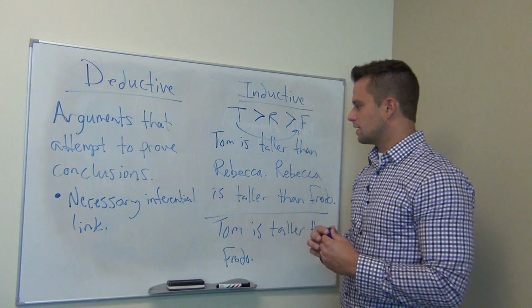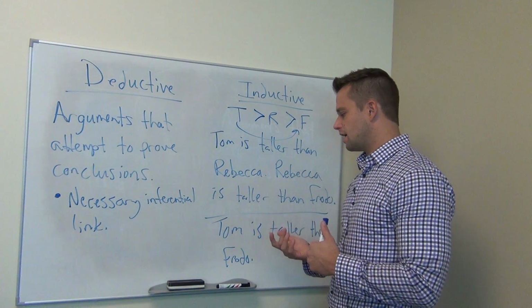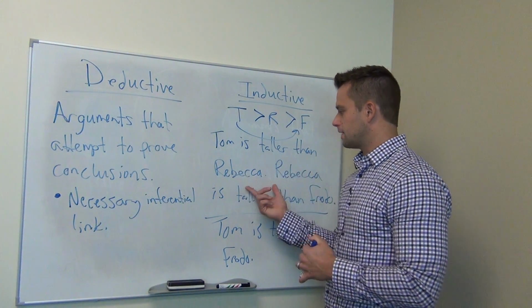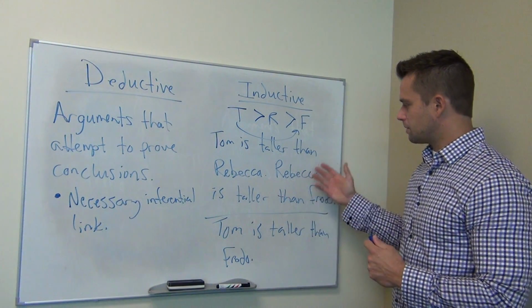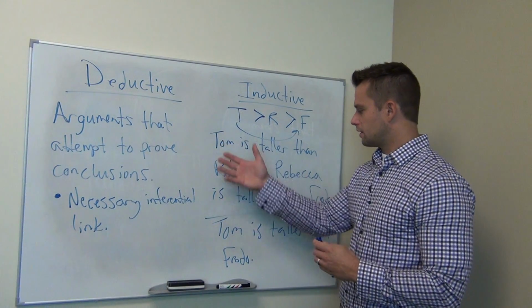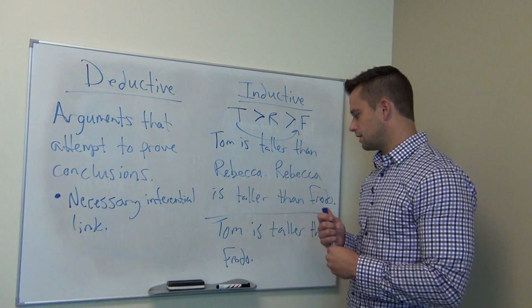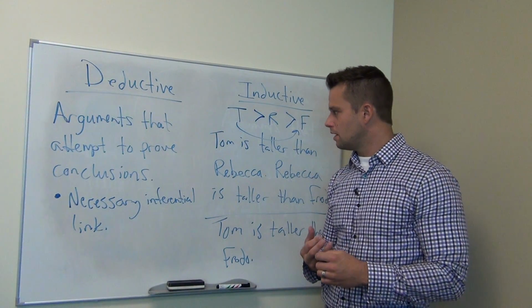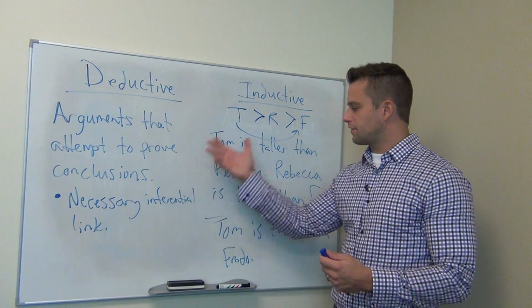So I guess here we could say kind of an AAA form. All people identical to Tom are taller than all people identical to Rebecca. All people identical to Rebecca are taller than all people identical to Frodo. Therefore, all people identical to Tom are taller than all people identical to Frodo. But you can see here that there's a necessary link.